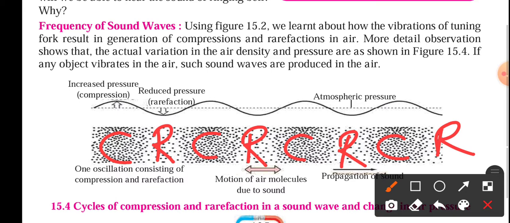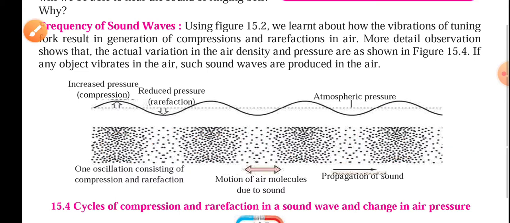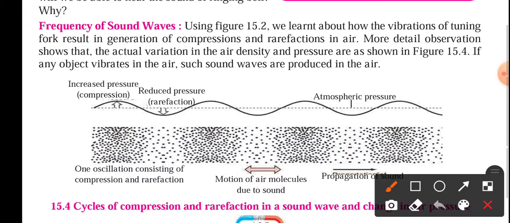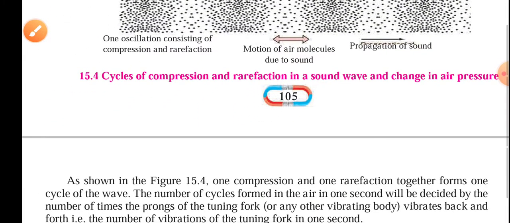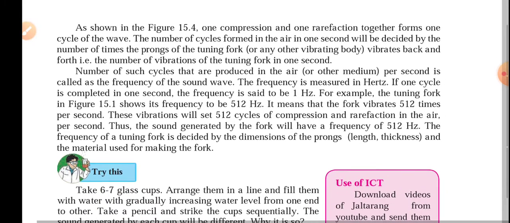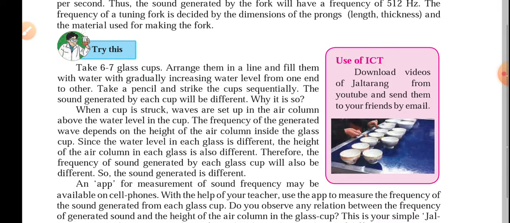Now the cycle of this compression and rarefaction is called the sound wave, and that changes the pressure in the air. When we talk about compressions and rarefactions, one set of consecutive compression and rarefaction is called one wave.